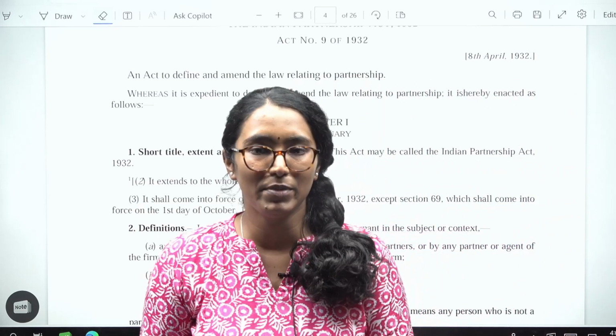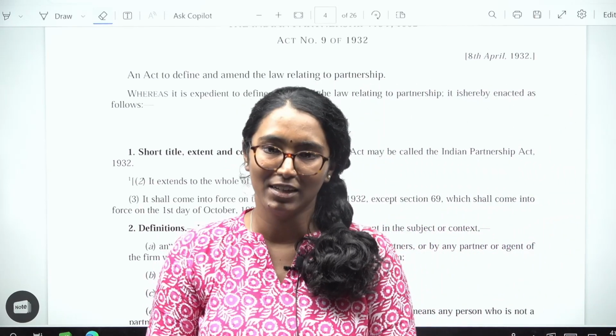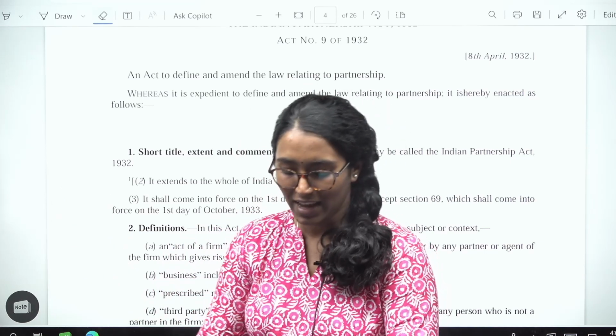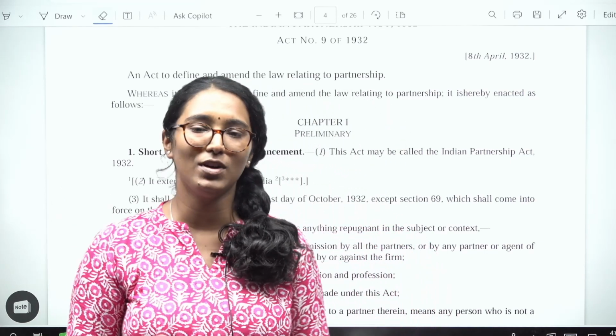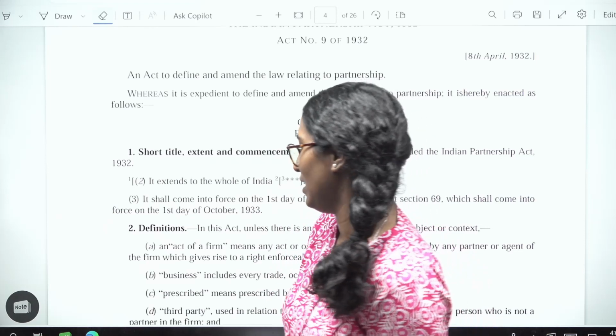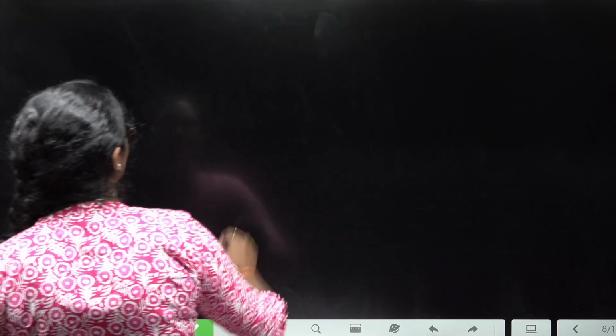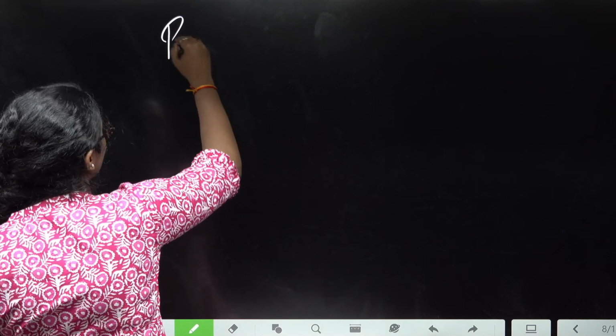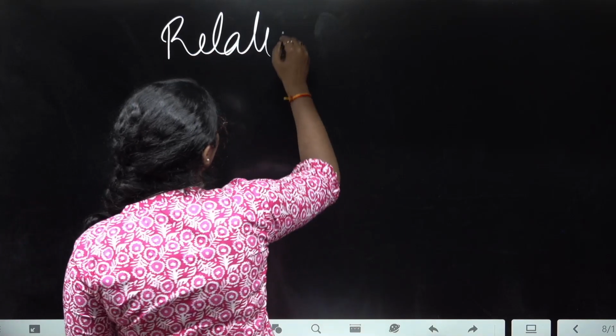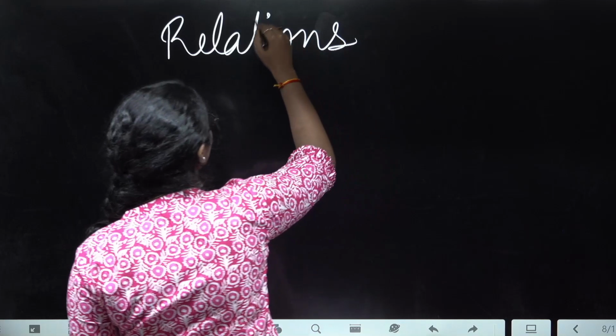But there is a deeper purpose and meaning to this one sentence. Indian Partnership Act governs partnerships in India. It governs partnerships in India in the sense that it governs the relations of partners.